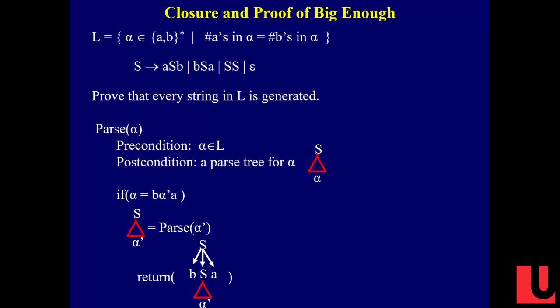And what's my parsing going to be? My parsing is going to be S goes to A, B, alpha prime. It's just another variable.